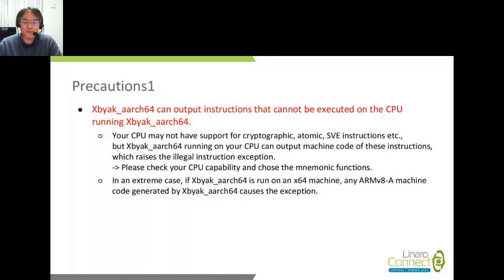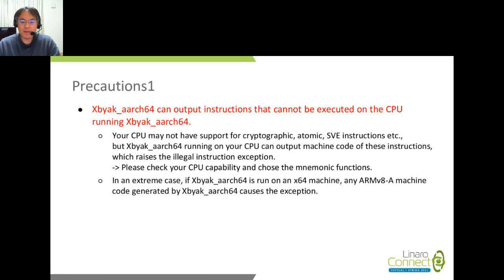There are a few points to keep in mind when using Xbyak aarch64. The first point is Xbyak aarch64 can output instructions that cannot be executed on the CPU running Xbyak aarch64. For example, some CPUs may not support special instructions, such as the cryptographic, atomic, and SPE instructions.